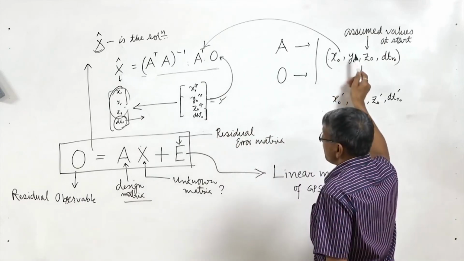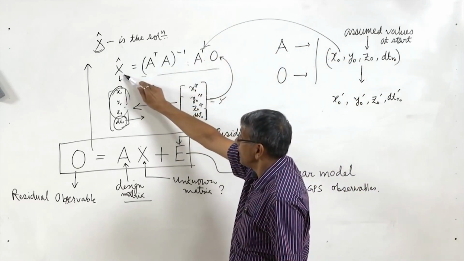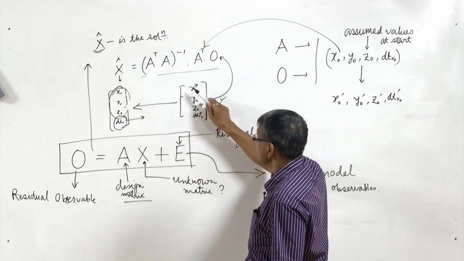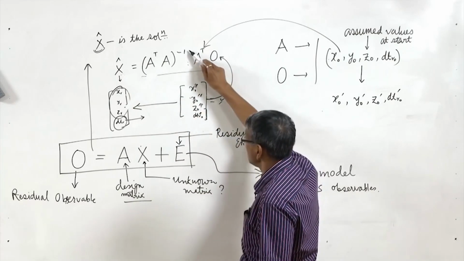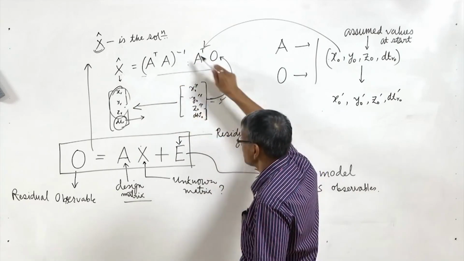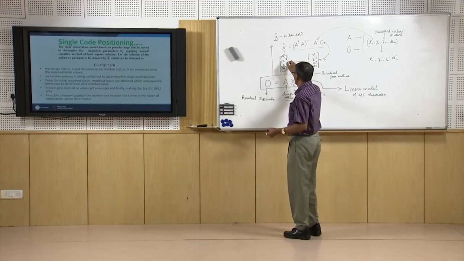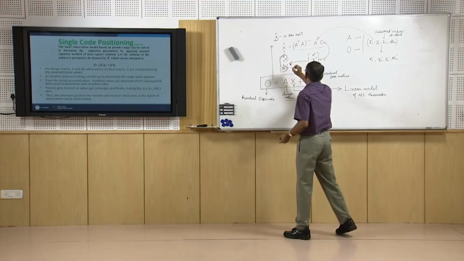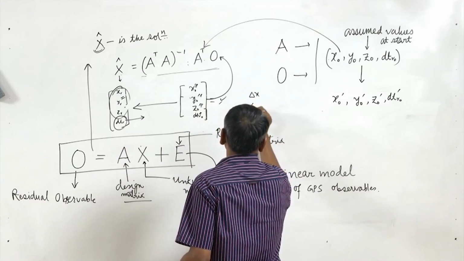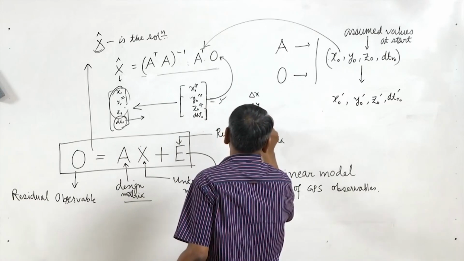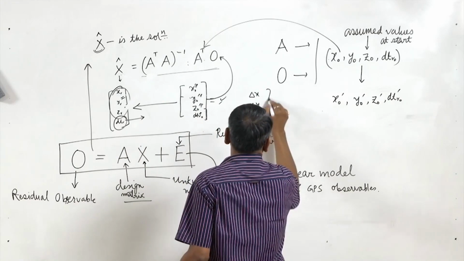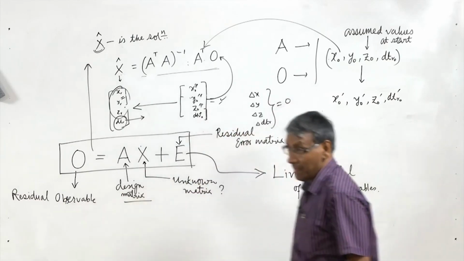First we will assume the value, we will find out some unknown values, which will be given to this, and this iterative process will go on till we get this value. When will we get this? When del x, del y, del z, del t are all equal to 0.